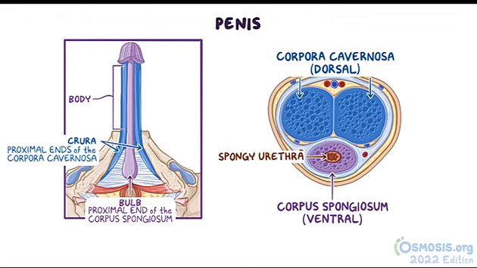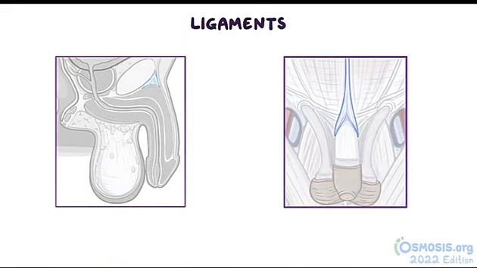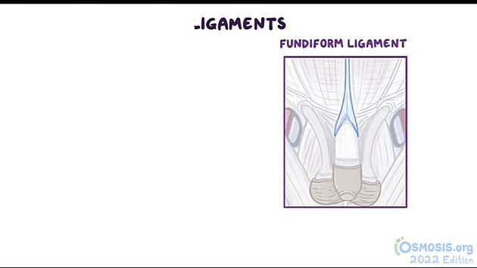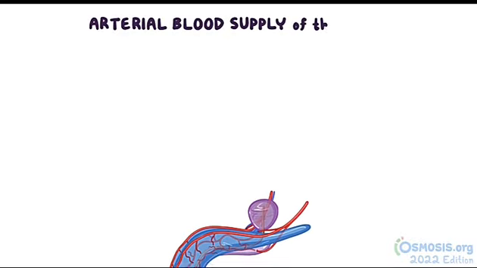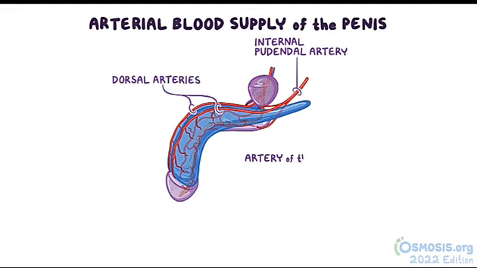These erectile tissues house tiny spaces called cavernous spaces, which fill with blood during an erection. Finally, the corpus spongiosum extends distally to form the glans penis. There are two ligaments that support the bulb of the penis, called the suspensory and the fundiform ligaments. The arterial blood supply of the penis is mainly by branches of the internal pudendal artery, including the dorsal arteries of the penis, the arteries of the bulb of the penis, and the deep arteries of the penis.